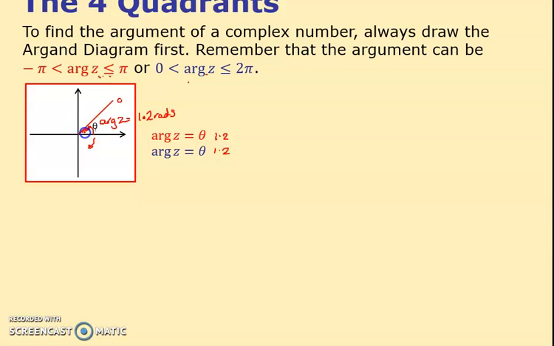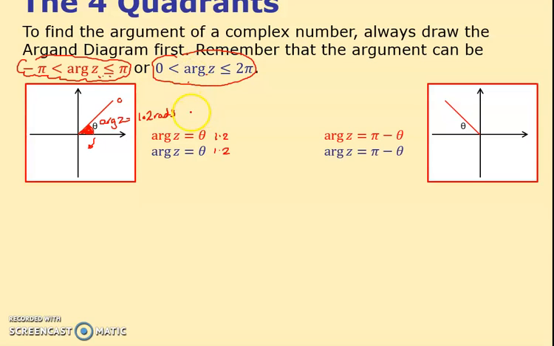If I get an answer in this quadrant here, it doesn't matter how I write it, because effectively both methods are the same in this quadrant. Whether I'm labeling it from minus pi to pi or from 0 to 2 pi, it makes no difference. But notice over here, when I find my angle using SOHCAHTOA, that's why I've called it theta.